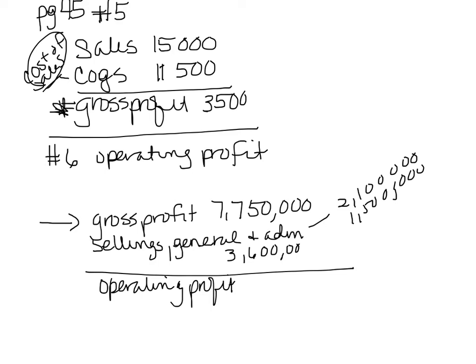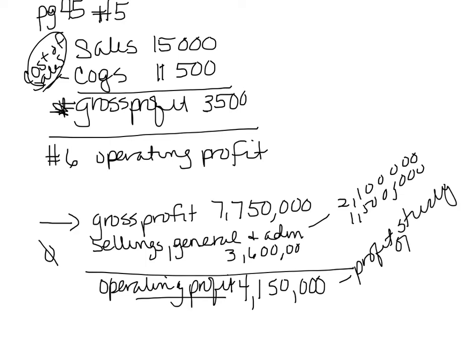So the income tax does not get included here. So our operating profit here would be $7,750,000 minus $3,600,000, so $4,150,000 would be our operating profit. This is our profit strictly from operations.